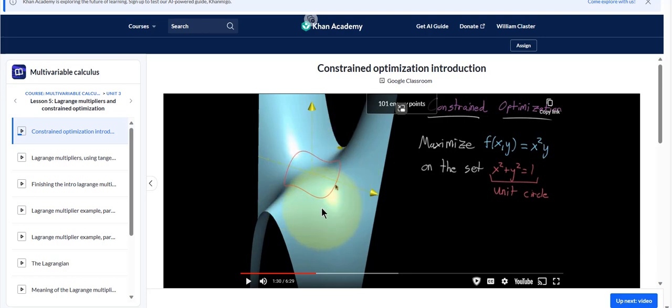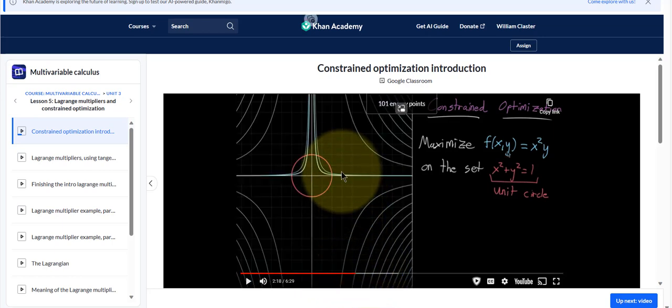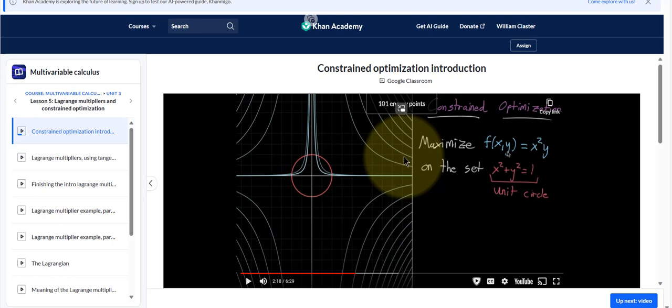Then he turns it around and rotates this whole picture so that we can look down on it and we get this picture. So we have the unit circle, and then we have all these contour lines, which are the heights.